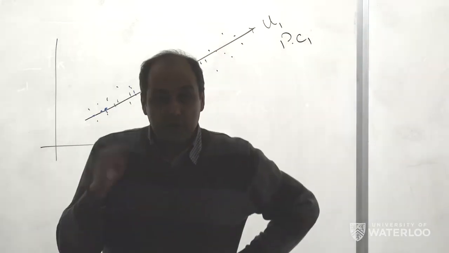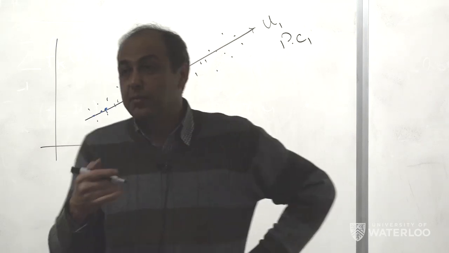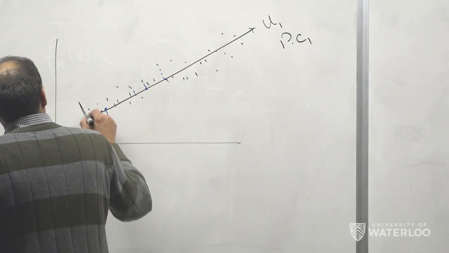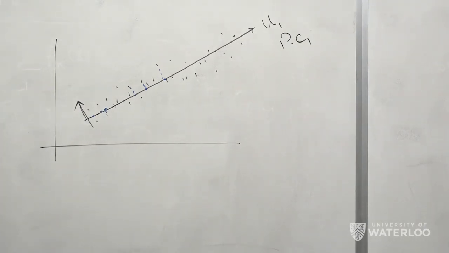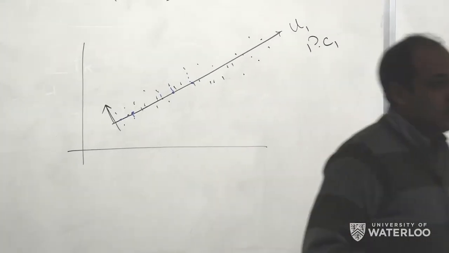I'm looking for a vector which captures the maximum variation of the data. And then the second principal component would be another vector which is orthogonal to the first one and captures the second maximum variation of the data. And the third one would be orthogonal to these two and take care of the third maximum variation of data.